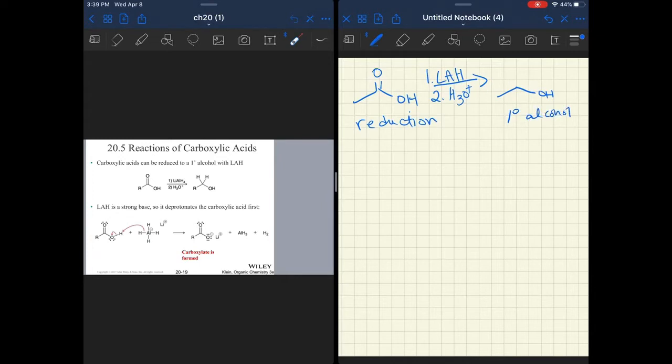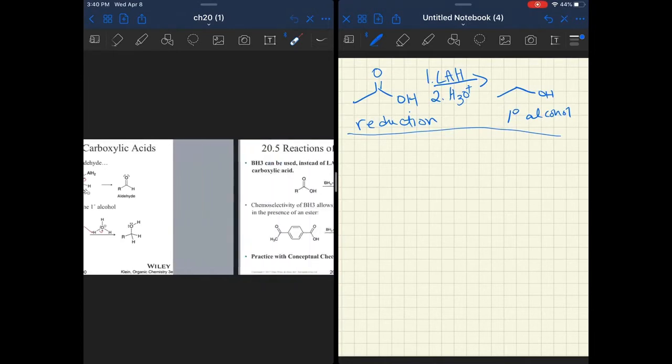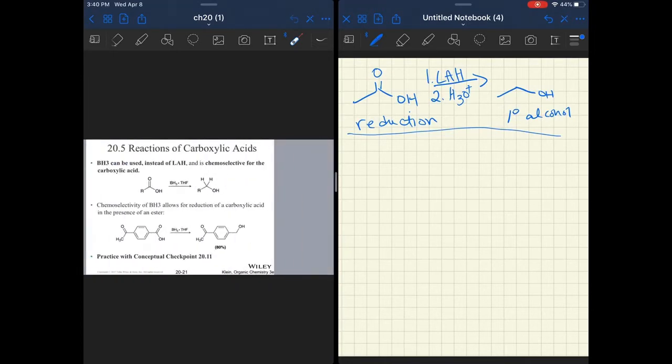You do not need to know the mechanism, but you do need to recognize that this set of reagents works for carboxylic acids, whereas something like sodium borohydride does not. So again, you do not need to know this particular mechanism. There are other ways to achieve this same reduction.